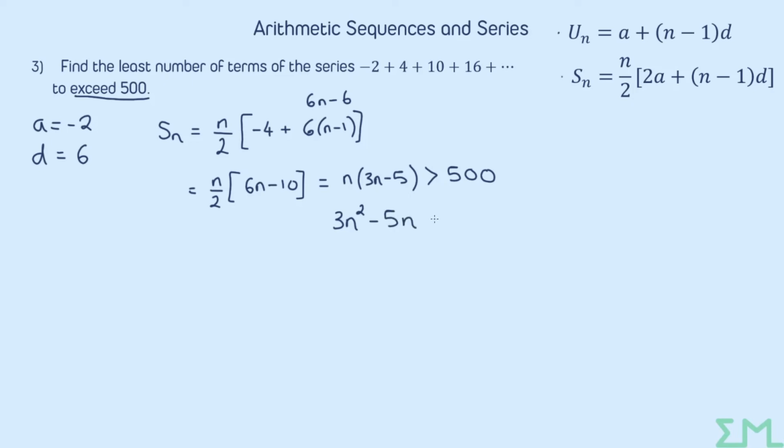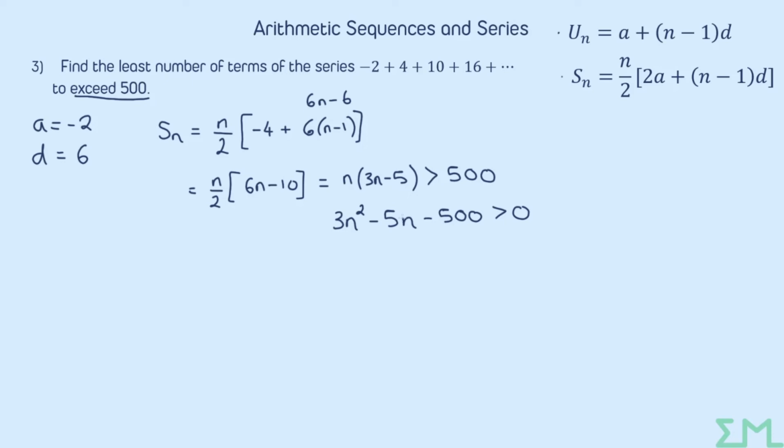3n squared minus 5n. Subtract the 500 because we've spotted it's a quadratic, so we know we need to get everything onto one side. Now, we need to solve this quadratic to find the root that we're working with, and then it is a quadratic inequality, so we need to be very careful about not just sticking this greater than sign in place of the equal sign as if we were solving.